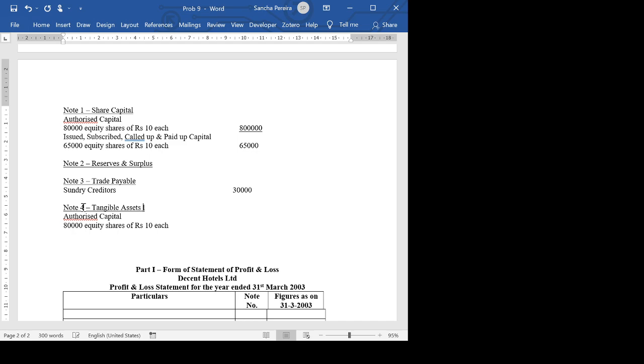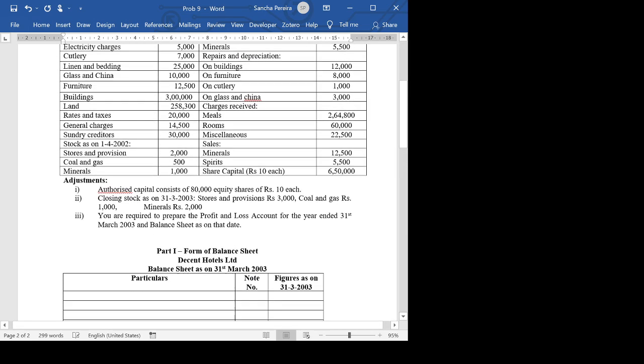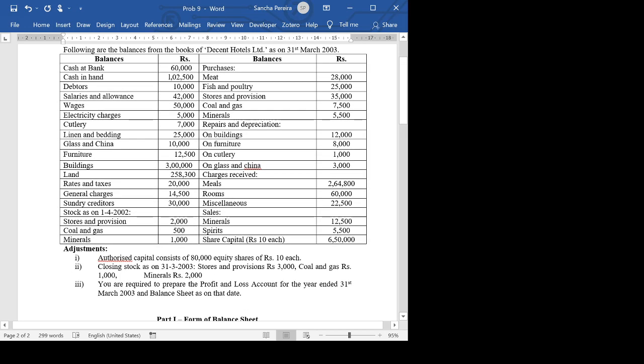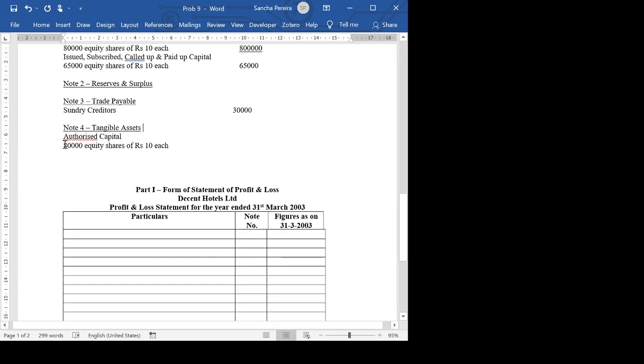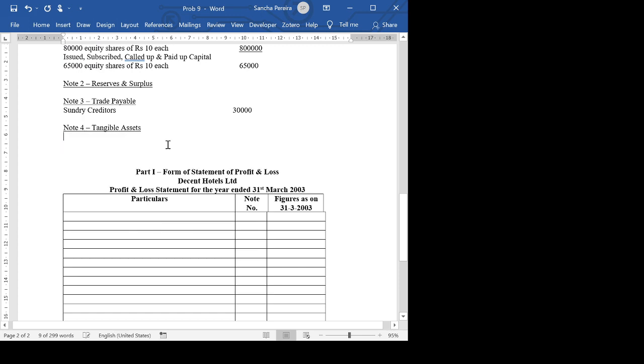What are these tangible assets here? The tangible assets given are here. We have furniture 12,500, building 3 lakhs. Let's put those items. There is no depreciation mentioned. Depreciation, if mentioned, will come only in the profit and loss account directly. There's nothing mentioned in the adjustments.